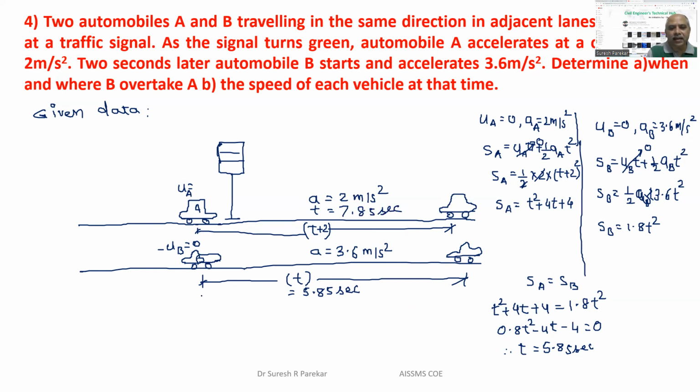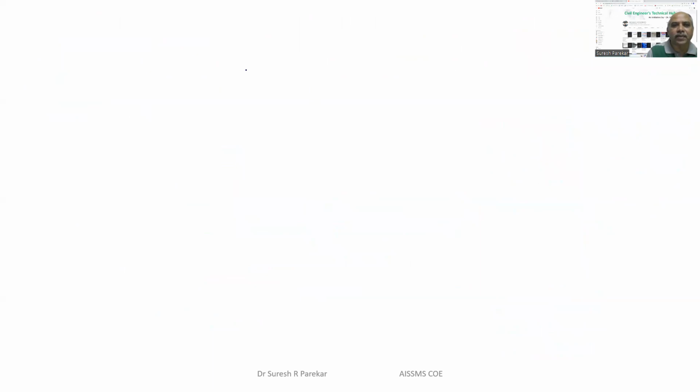So B will overtake after 7.85 seconds, because the start is A and we have to write down time with respect to A. Then we have to find the speed of the vehicles. Now we have the formula VA equal to UA plus AA into T. UA is 0.